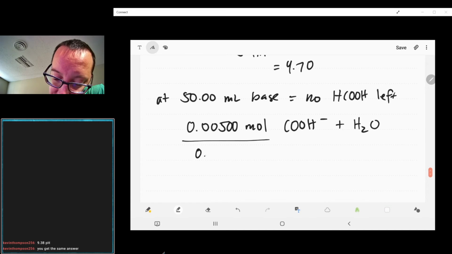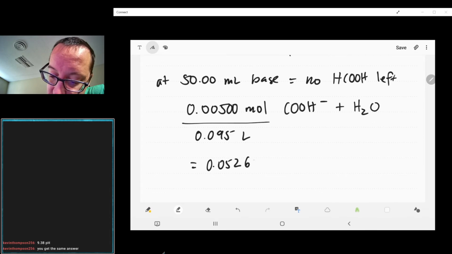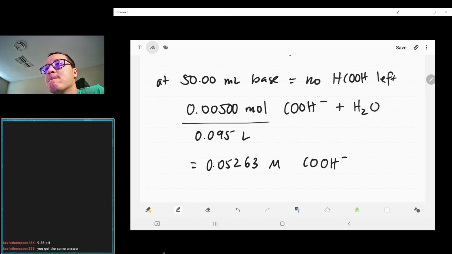So in our solution of 95 mLs, we now have a concentration of 0.005 divided by 0.095. We have this many molar formate. And it looks like it's going to be time for an ice table.